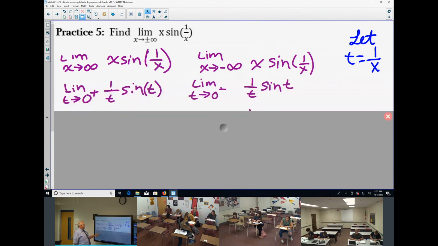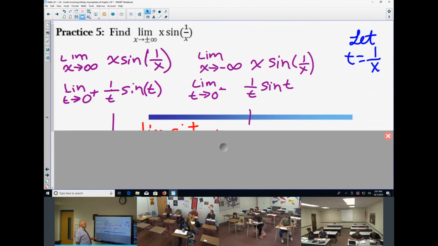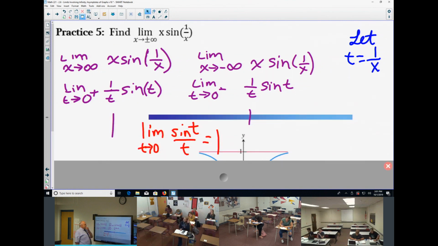All right. Now, if we do that little variable swap thing, so as x approaches infinity, that's the same thing as t approaching 0 from the right. X approaching negative infinity is the same as t approaching 0 from the left. So 1 over t times sine of t is the same thing as sine t over t.